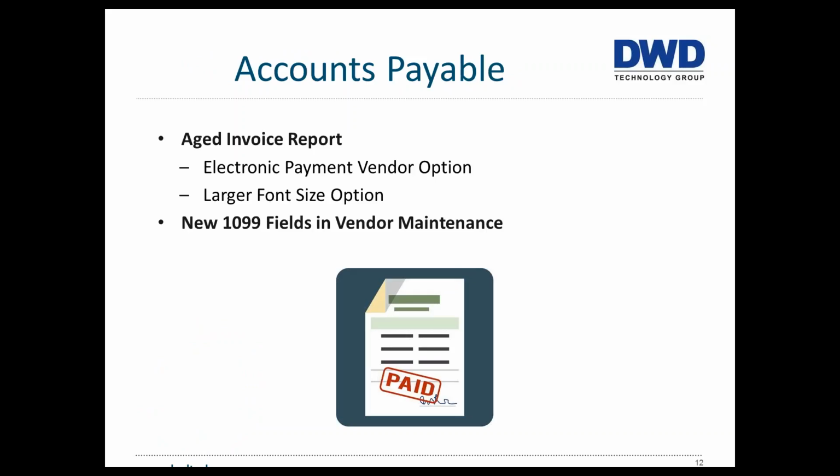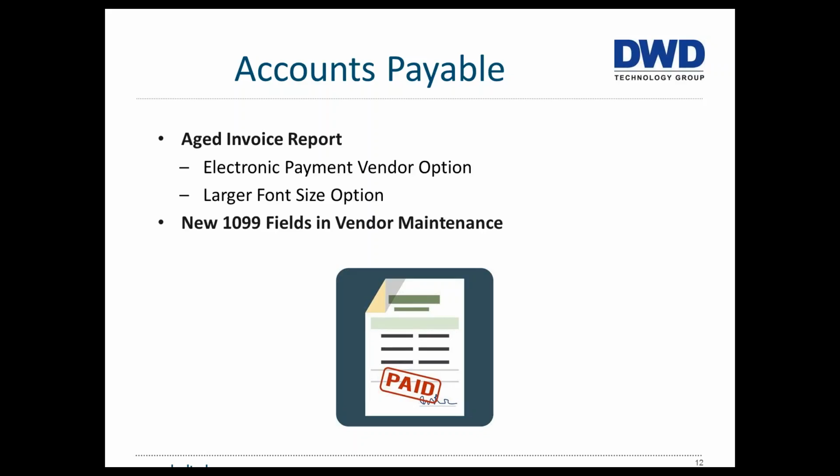Within the accounts payable module, there are some new things that have come. There is an electronic payment vendor option that's been added on the aged invoice report. And in addition, we also have larger font size options for those reports. I know when I've been assisting clients that are just coming on to Sage 100, or I've just upgraded them to the newer versions, first words out of their mouth are, these reports are so small.